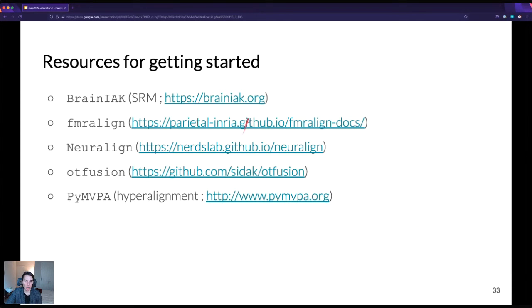Several of these are designed primarily for fMRI data, in particular BrainIAC, fMRIline, and PyMVPA. But Neuroline here, from Eva Dyer and colleagues, is actually designed for data from systems neuroscience, like calcium imaging data, spike sorted data. OT Fusion from Singh and colleagues is designed for model fusion with neural networks.